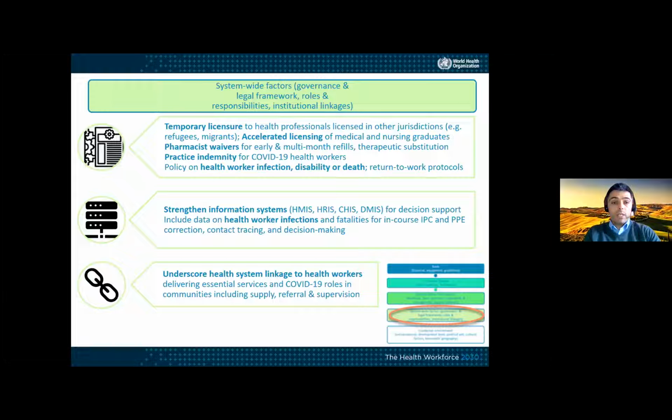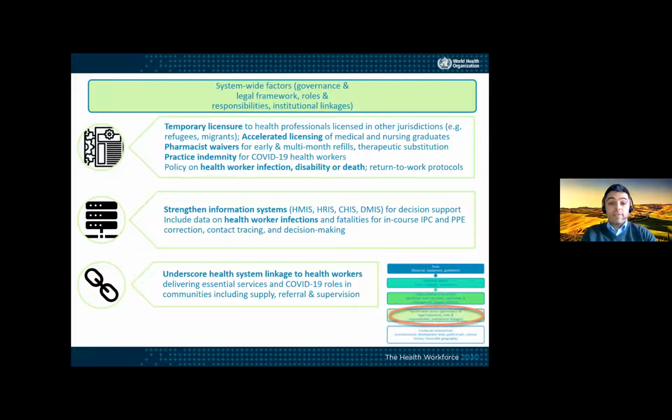I've already mentioned the importance of strengthening health information systems for relevant data required for decision support. Critically, in the context of the COVID-19 response, it is important that this adds an element of surveillance and monitoring of health worker infections.